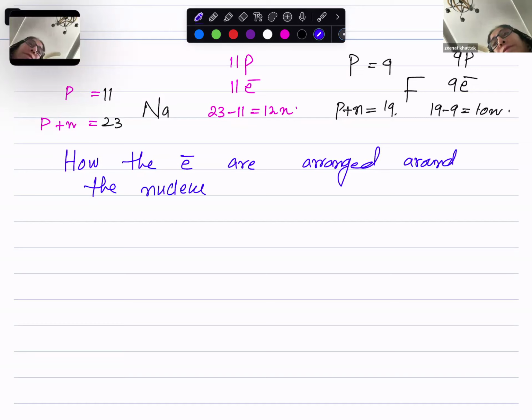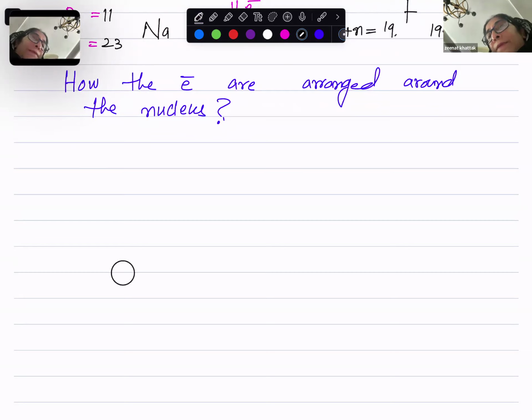First I'm writing and then I'm going to explain this in detail. This is the nucleus containing proton and neutron. This is the first quantum shell.